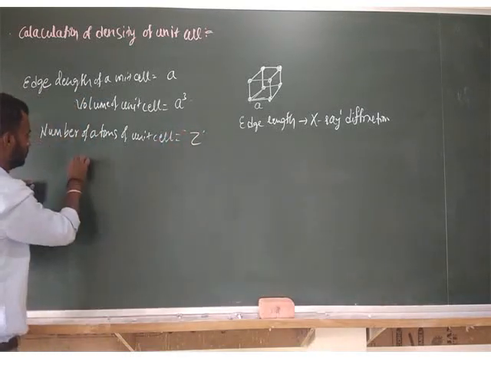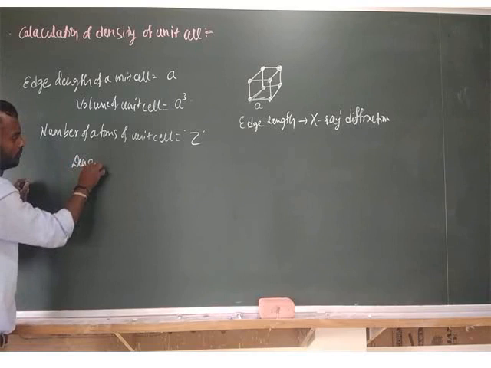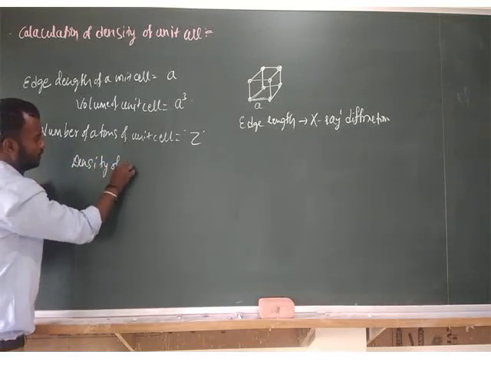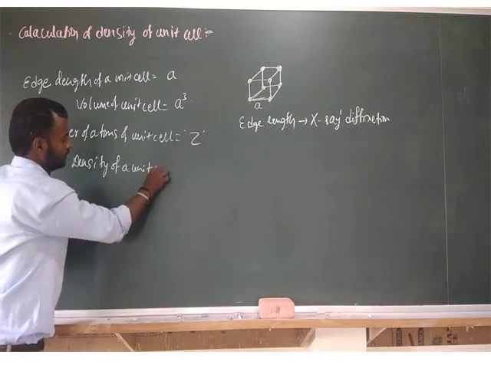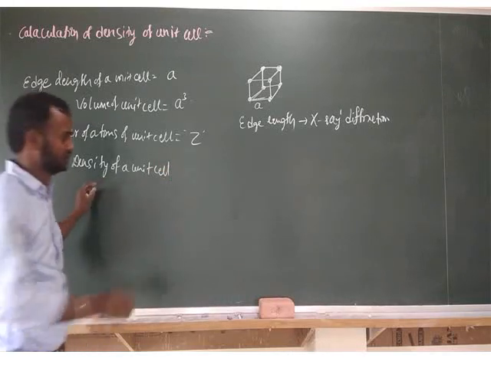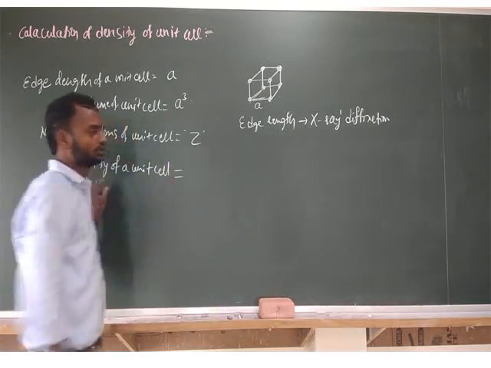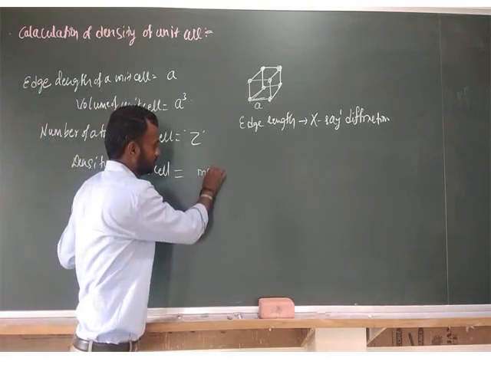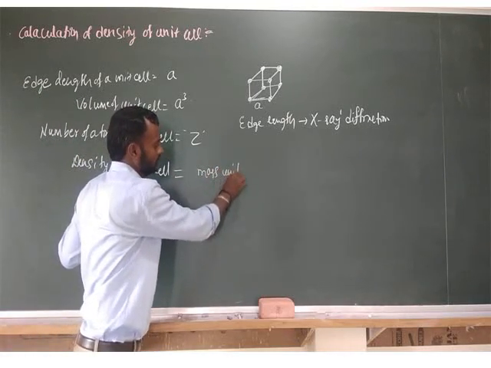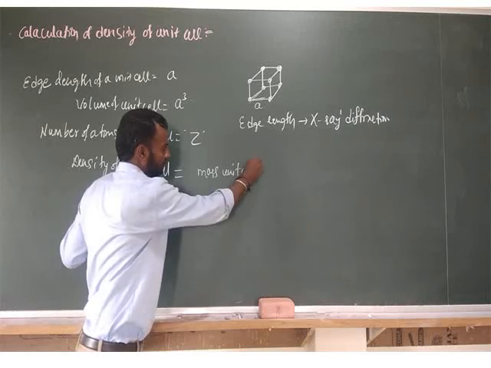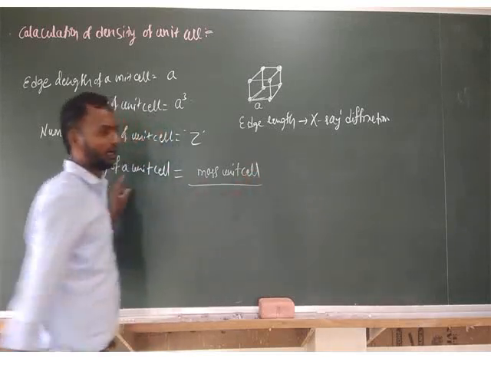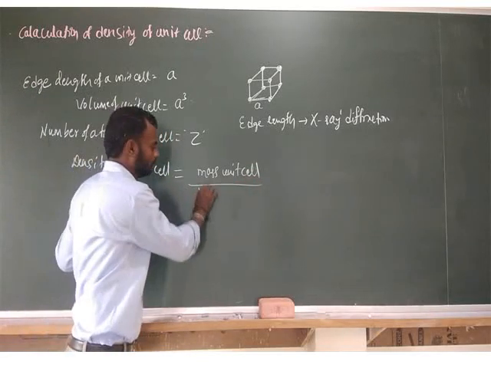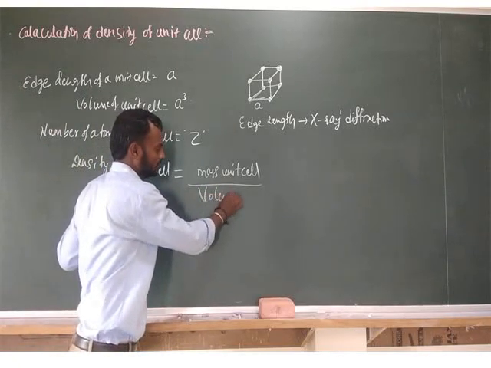Therefore, now we are going to calculate the density of a unit cell. Density of a unit cell is equal to the mass of a unit cell divided by volume.